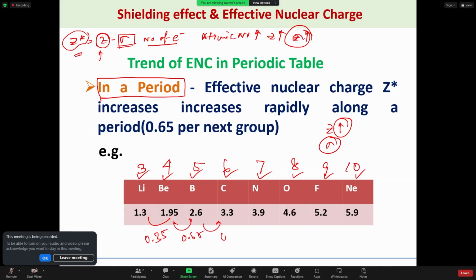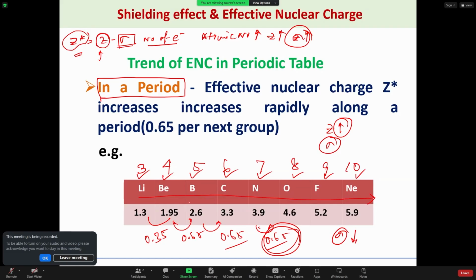So mostly you can see that 0.65 is the change, that 0.65 value is being added when we are going from boron to carbon, carbon to nitrogen. That means the sigma value is decreasing when we are going from lithium to neon.